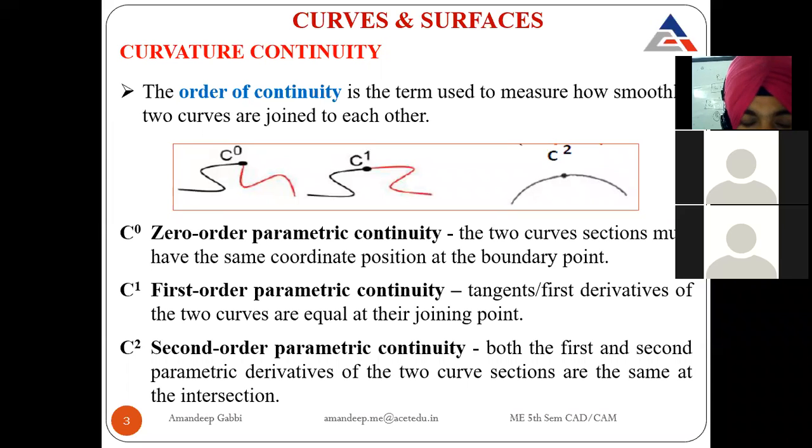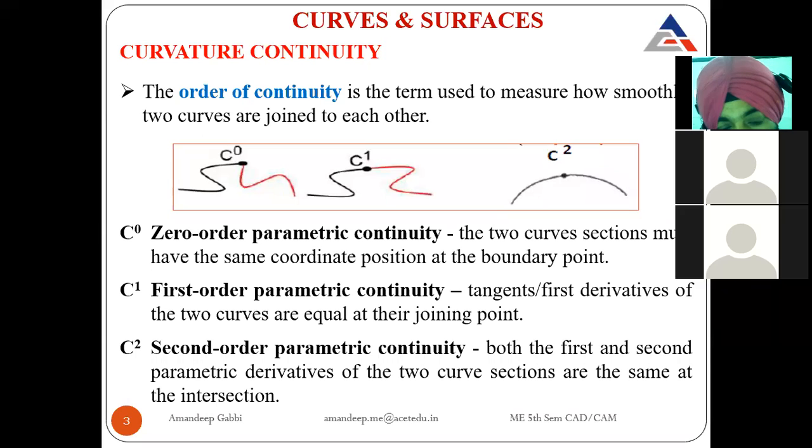Curvature continuity. Sometimes we want to join two different curves. Two different curves are to be joined. The order of continuity is how we consider how close the contact is. Order of continuity is all about that.